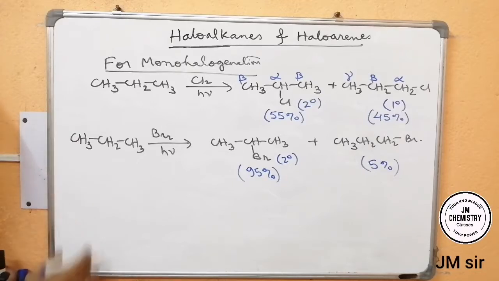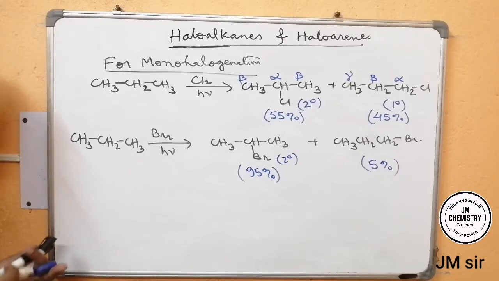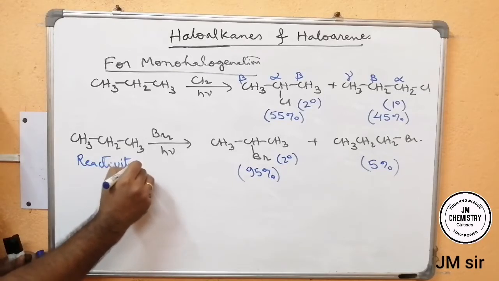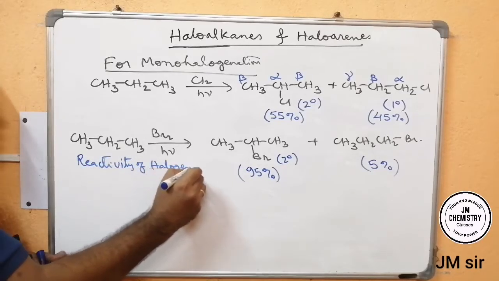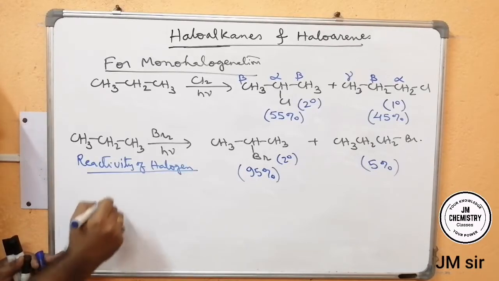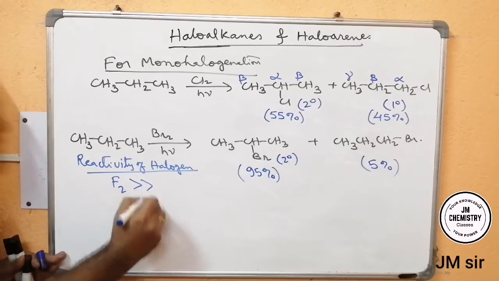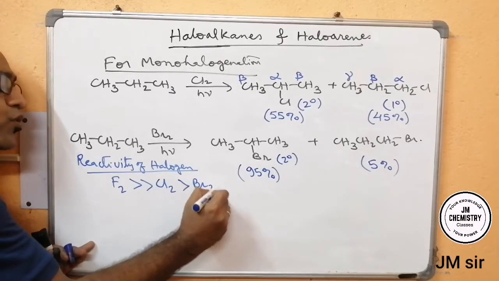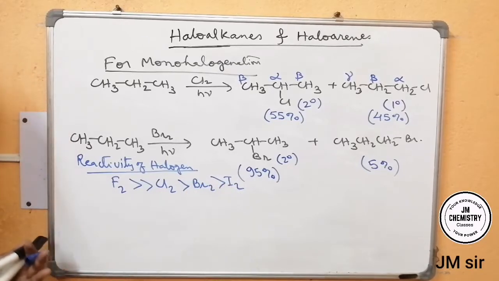Now why is it so? For chlorination it is 55% and 45%, but for bromination it is 95% and 5%. Now this can be understood from the reactivity and selectivity of halogen. So if you consider the reactivity of halogen, what is the reactivity order? Fluorine is much more reactive than chlorine, which is much more reactive than bromine, which is much more reactive than iodine.